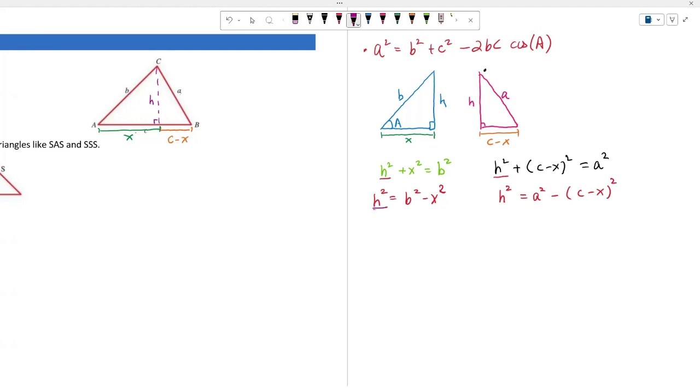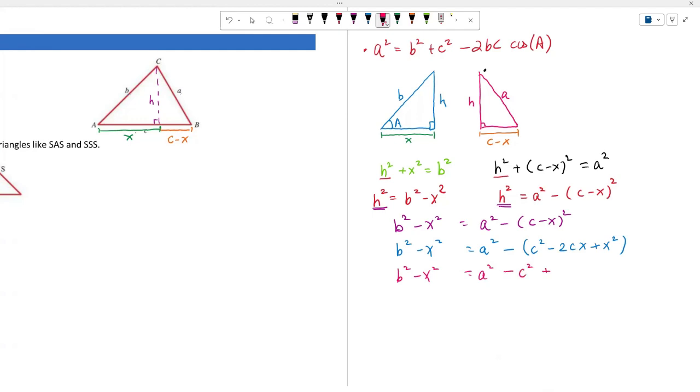They are both equal to h squared. So in this case, we could set b squared minus x squared equal to a squared minus c minus x squared. c minus x squared is c squared minus 2cx plus x squared. So I have a squared minus c squared plus 2cx minus x squared.